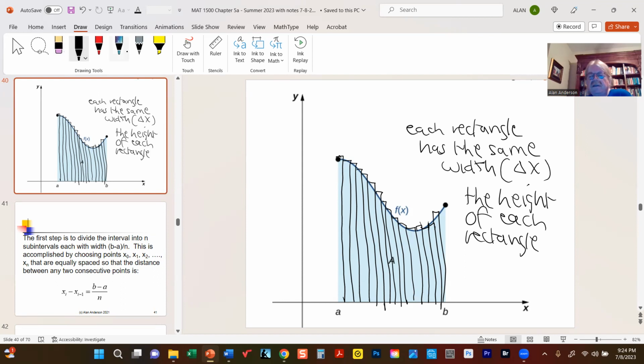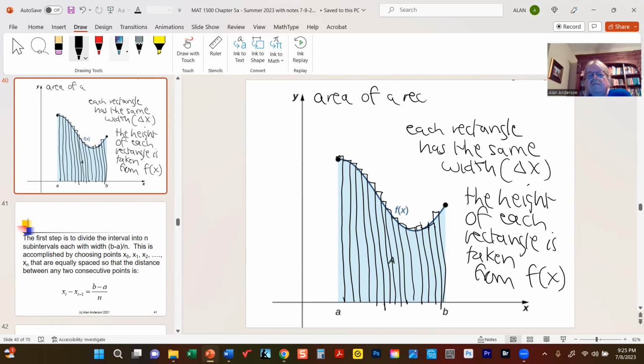The function will tell us how tall each of these rectangles is. So remember the area of a rectangle, if you've forgotten, is the width times the height. So in this diagram, you can see I have all these rectangles. I'm going to calculate all their areas and add them up.